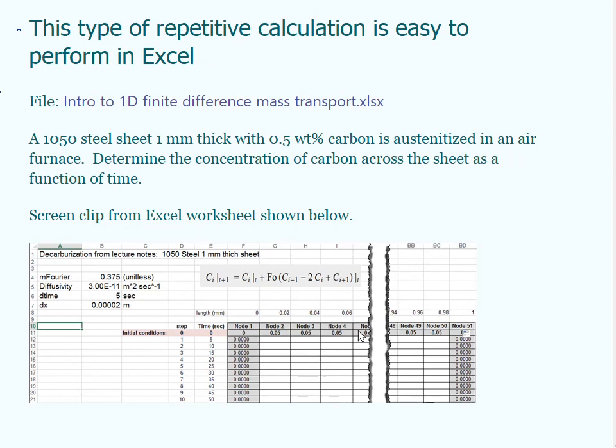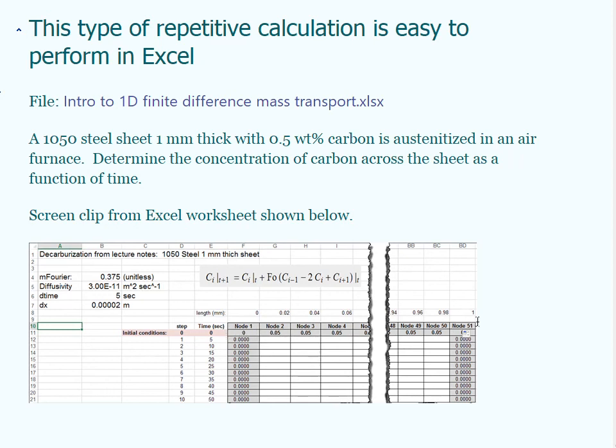It's just kind of a starter. We're going to look at this carburization or decarburization problem again. I've already numbered the different nodes in the sheet. It looks like in this particular case I used 51 of them, so we have a much more accurate answer than the few nodes I was using a second ago.